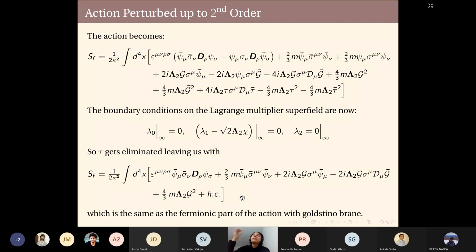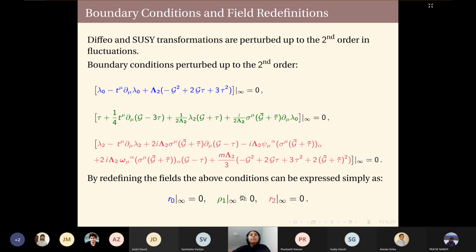So if we show that our action is equivalent to any one of the actions, it means it's equivalent to both of them. And these are some field redefinitions I do on the boundary conditions, just to improve the appearance.